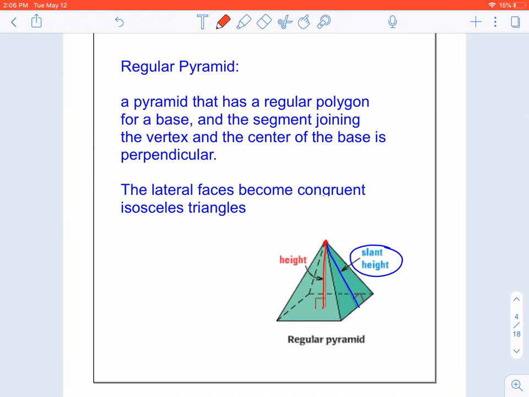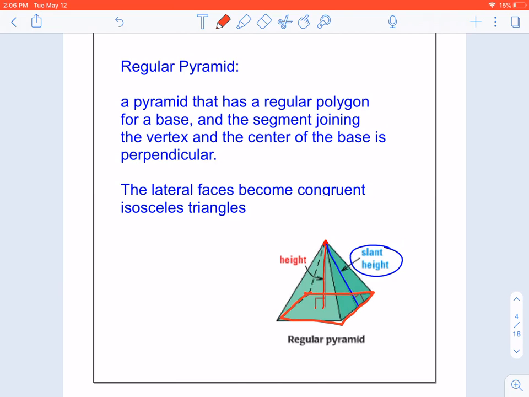Now, what we're going to be working with is a regular pyramid. A regular pyramid is going to be a pyramid that has a regular polygon for the base. So if it has 4 sides, a regular 4-sided shape, that would actually be a square down there. And then the segment joining the vertex to the center of the base is perpendicular to it.